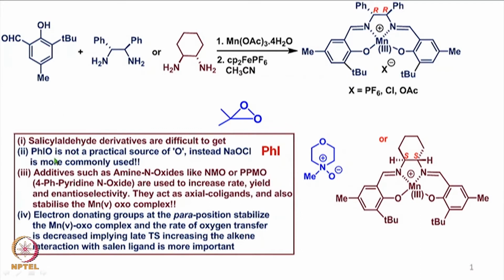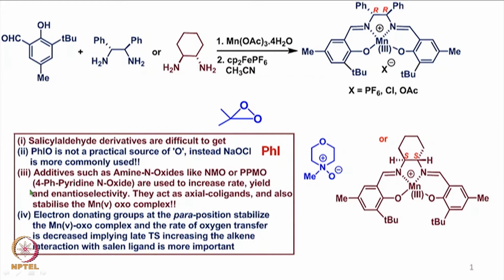Iodosobenzene is also not found to be a practical source of oxygen, because it leads to the formation of iodobenzene as a side product, which needs to be removed by chromatographic means, because it cannot be removed by simple washing with water. Instead of iodosobenzene, people prefer to use sodium hypochlorite or DMDO, because the byproducts that are formed are easily washable by water.